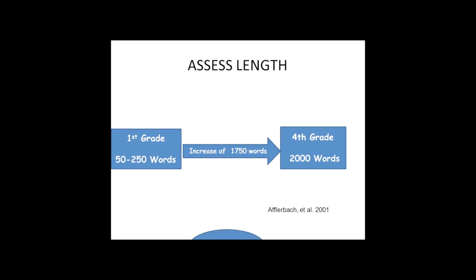We're seeing a huge average increase in the number of words, and we're not paying attention to what it takes to get from pictures and words to dense text. We just gloss that over and say, oh, kids will figure it out and they'll get into chapter books. But a lot of kids don't.